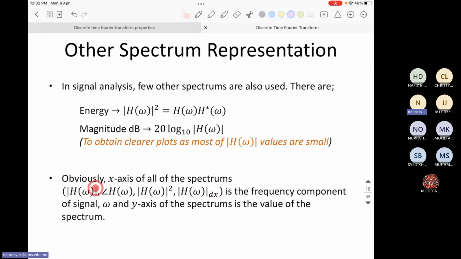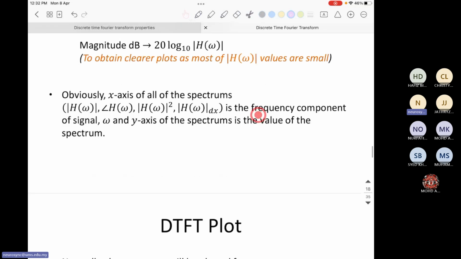This is magnitude and this is magnitude in dB. The x-axis of all these spectrums is the frequency component omega. And the y-axis is the value of the spectrum, whatever you are calculating: magnitude, phase, energy, or the dB value of the magnitude.